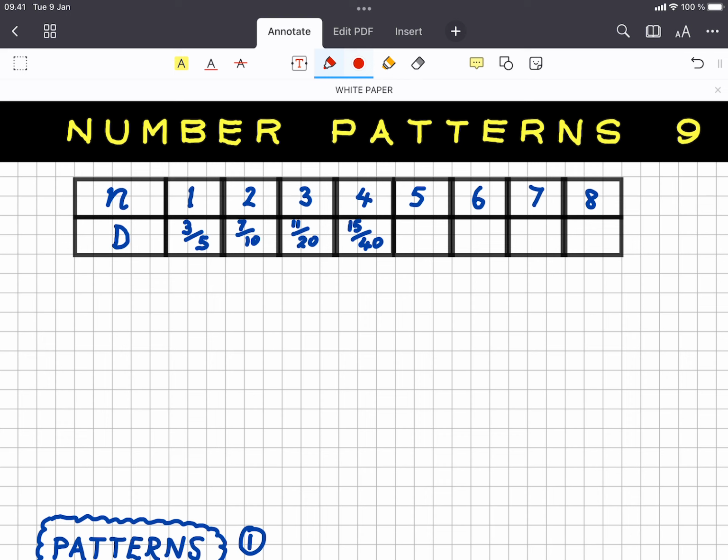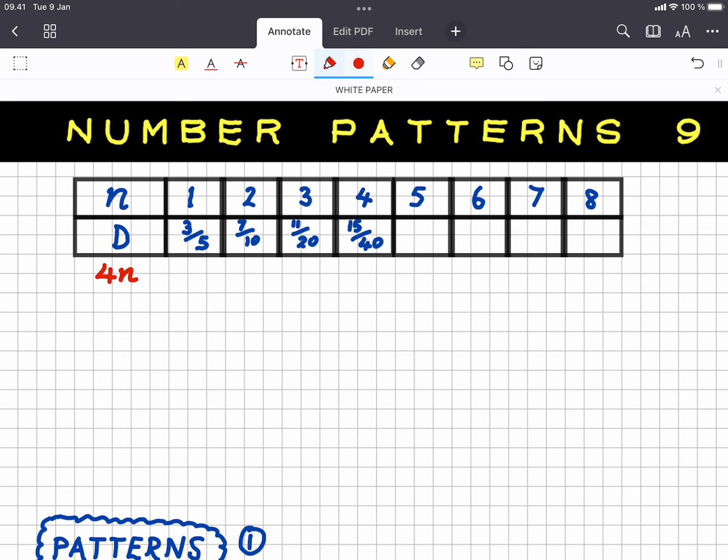So first of all, I'm going to look at the numerator, the top of the fraction, and I can see it's going 3, 7, 11, 15. So it's going up by 4 every time. Something going up by 4 every time gives you a big clue that there's something to do with 4n in it.